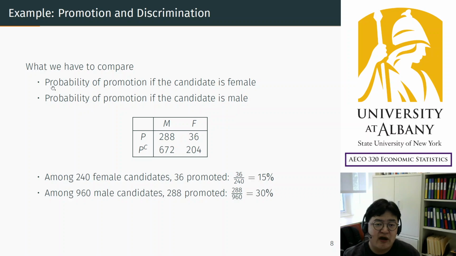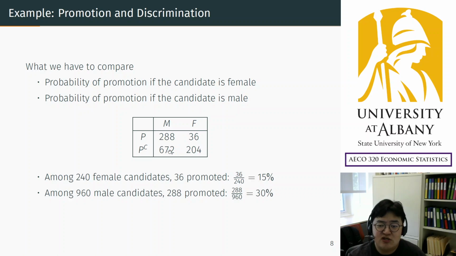Instead, you have to calculate the probability of promotion if the candidate is female or male. So we are including the gender as a condition. Let me explain a little more what happens.